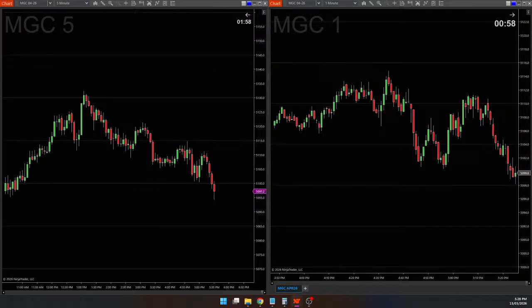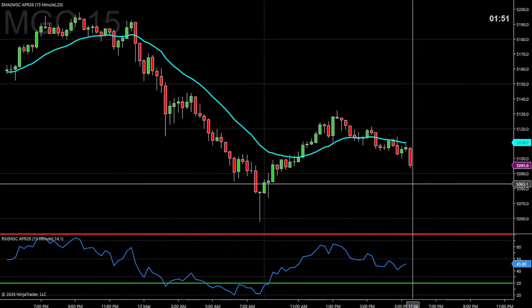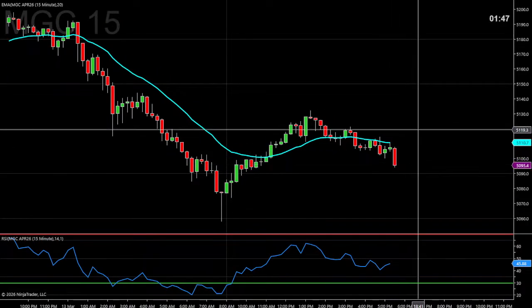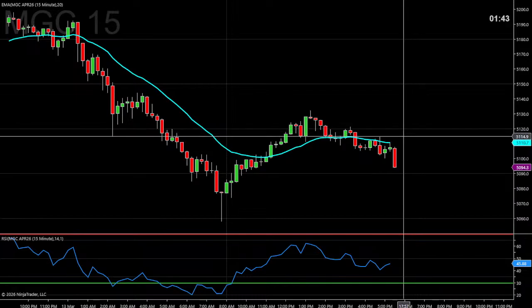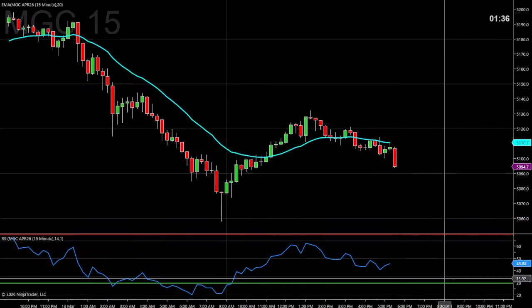Now, what do I think the market is doing now? I think that this candle is showing increased selling, preparing for the London session. I think there's going to be more buyers, but there could be some more selling potential.